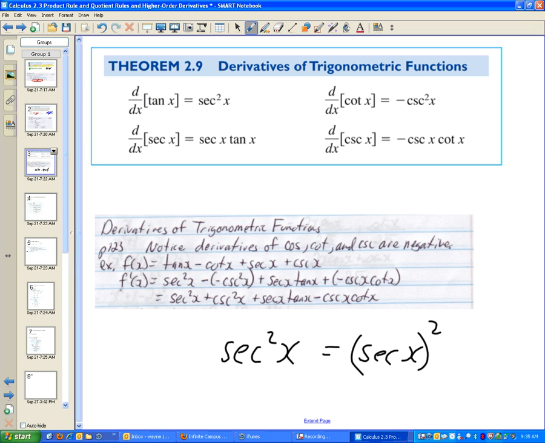Then the derivative of the cotangent of x is negative cosecant squared of x. The derivative of the secant of x is fun. That's secant of x times the tangent of x. And the derivative of the cosecant of x, equally fun, is negative cosecant of x times cotangent of x.